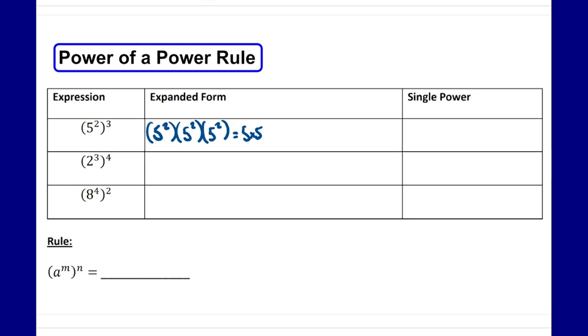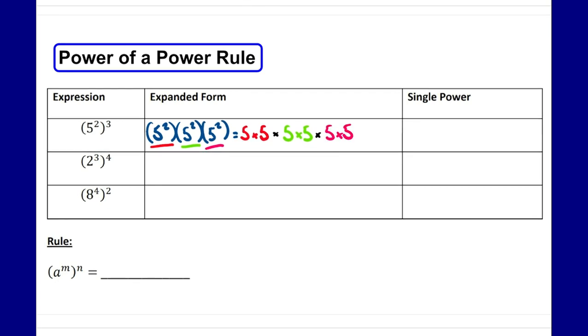Let me color code this portion. 5 to the power of 2 is 5 times 5, and then multiplied by 5 times 5 again, multiplied by 5 times 5 again.